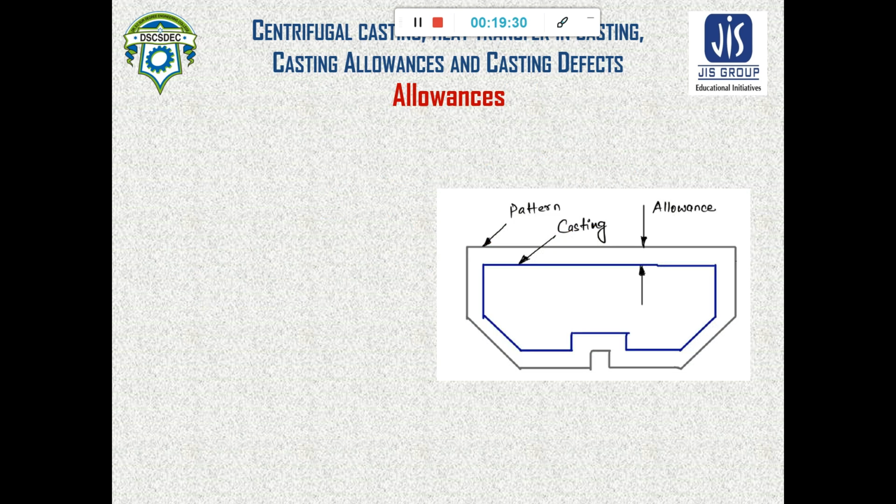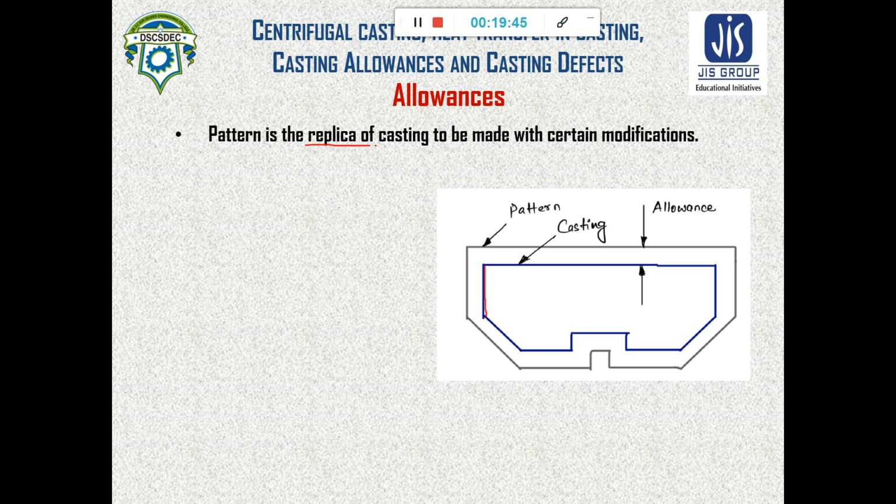So what is the next topic? Our next topic is allowances. If this is the pattern, patterns are the replica of the casting to be made, with certain modification.